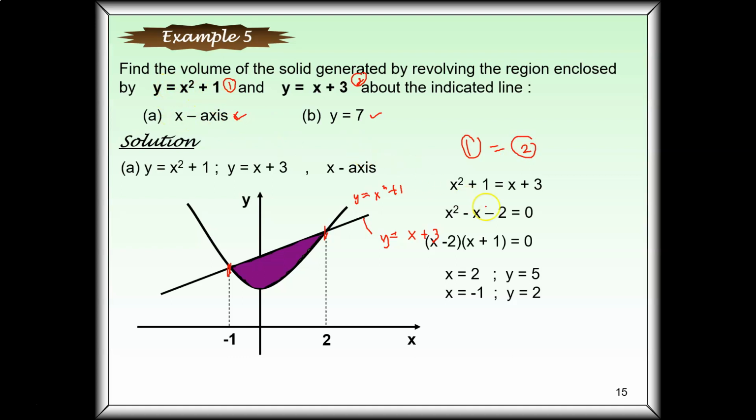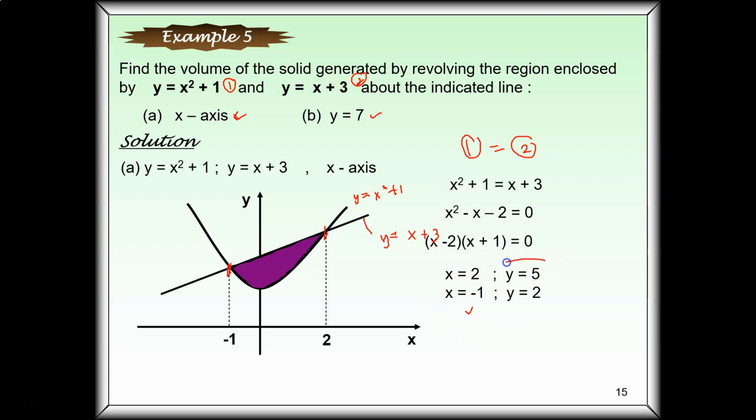So, x square plus 1 equal to x plus 3. Boleh kan? Sama sebab depan dia y. So, bila you expand ni, susun-susun semula, rearrange, then you get x equal to 2 and x equal to negative 1.